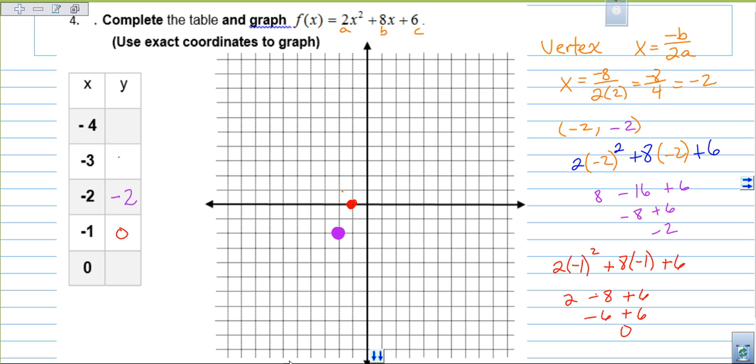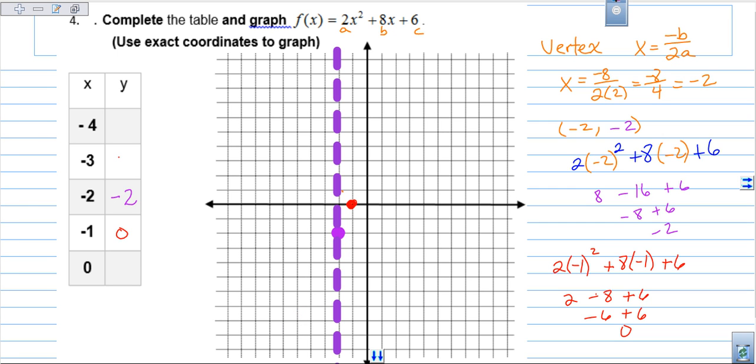Okay? Now, one thing I didn't show you before, and I should have, is the axis of symmetry. Going through the vertex is the axis of symmetry. Okay? It goes right through the middle of the vertex.